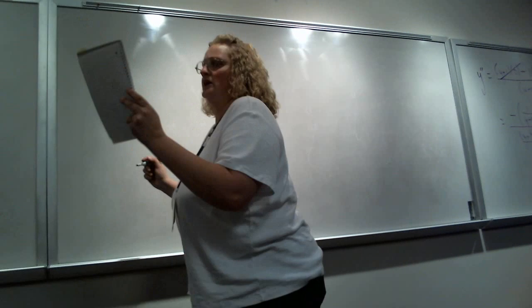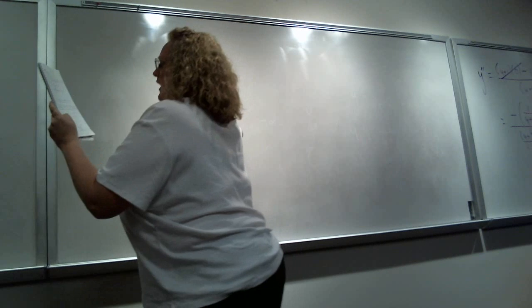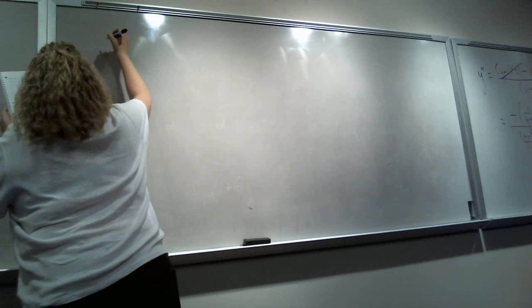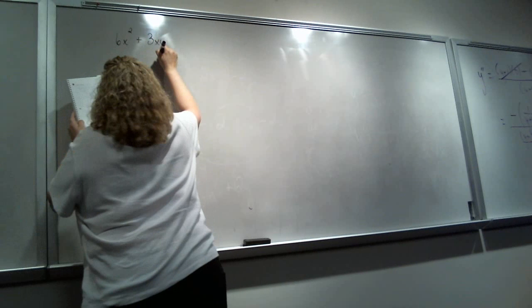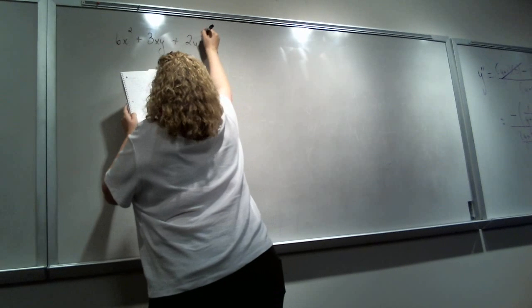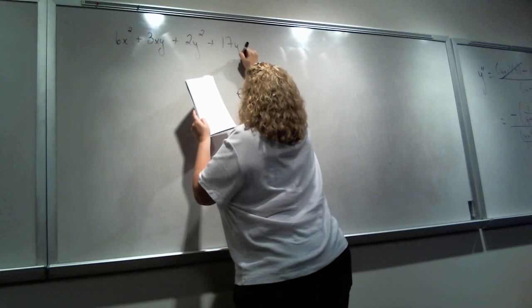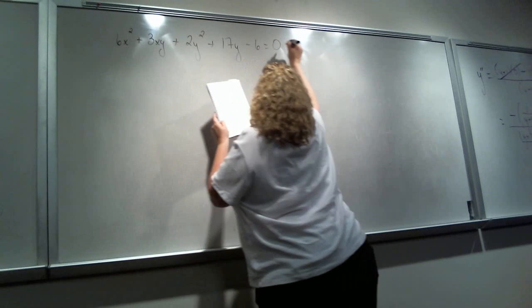So here is a problem for you. You've got 6x squared plus 3xy plus 2y squared plus 17y minus 6 is 0.